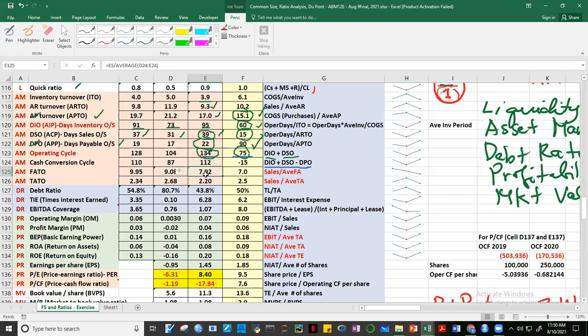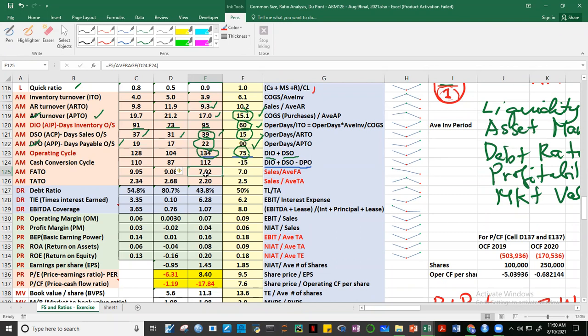Here it's decreasing, so with respect to time comparison, it's not good. Our performance in terms of FATO is going down. However, with reference to your benchmark, our performance is better: 7.92 pesos of sales per 1 peso of fixed assets, while our competitor has only 7 pesos.